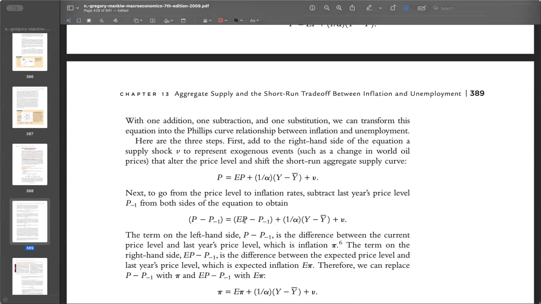This one is also an inflation rate, but it's the expected inflation rate. And this remains the output gap, y minus y bar. You can think of this as changes in aggregate demand and how that affects the price level, and in this case, inflation. And then your v is your aggregate supply shock.